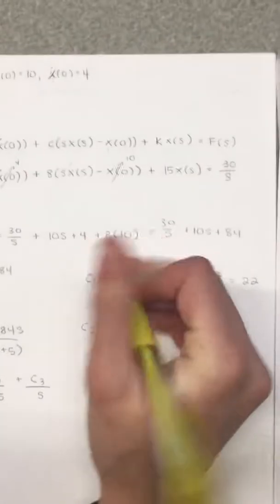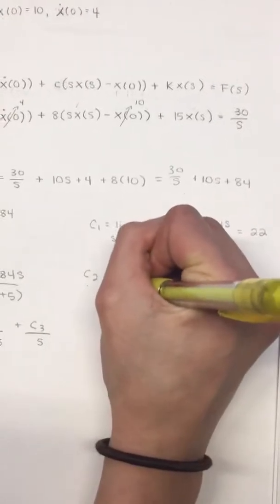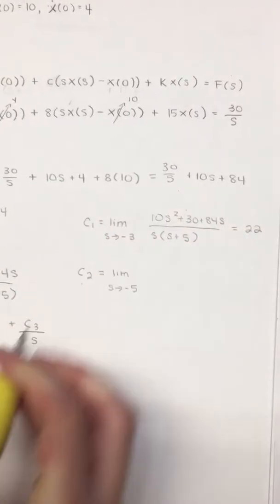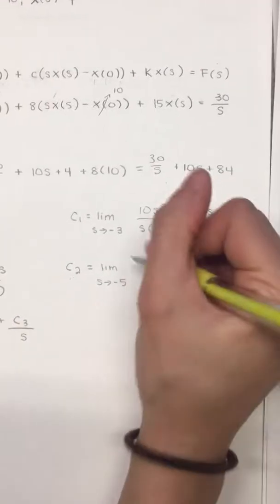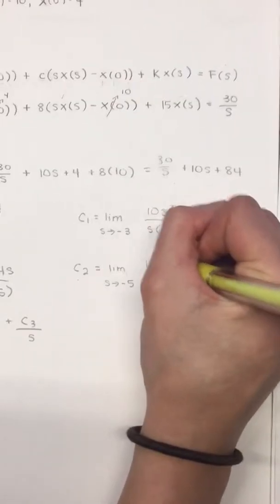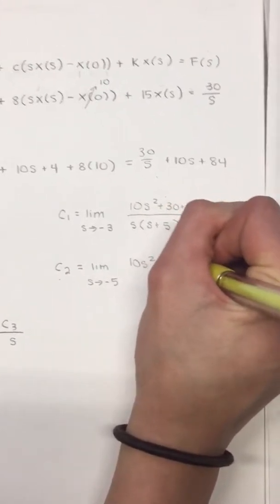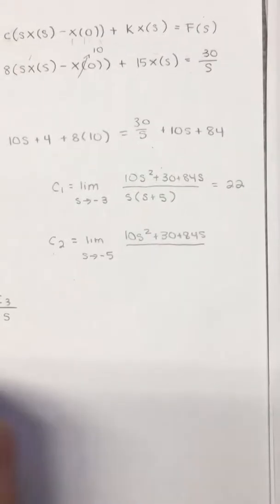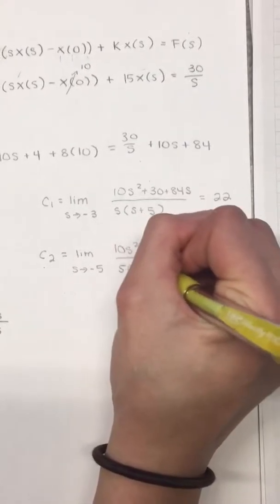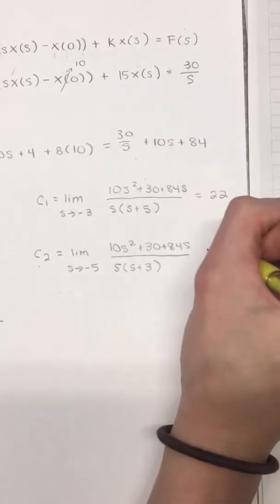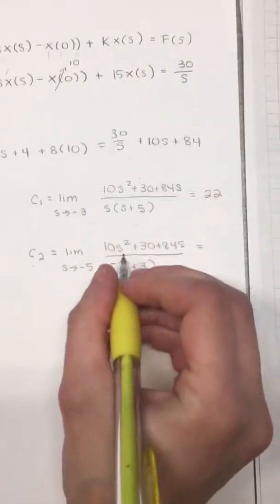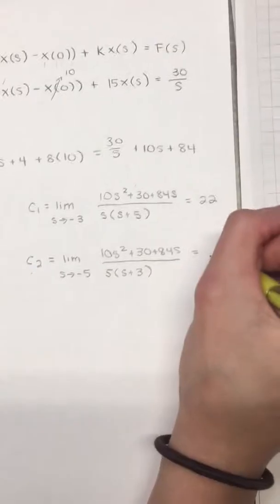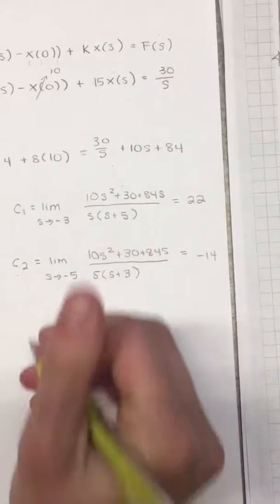Similarly for C2, we'll do the limit as s goes to -5, because that's the negative root term down here. Then you'll have your numerator again, 10s squared plus 30 plus 84s, all over the two terms you're not looking at, s times (s plus 3). If you plug in -5 for all the s terms, you're going to get -14 as C2.